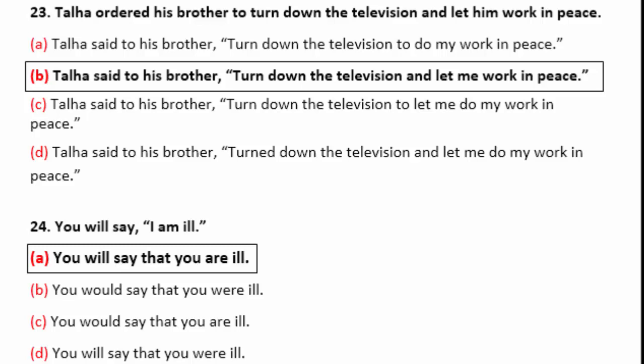As you can see here, in this direct sentence, the reporting verb is in future, will say. Whenever the reporting verb is in present or future, we don't make changes in the tense in the reported speech. So you can see option number A is the correct option. You will say that you are ill.